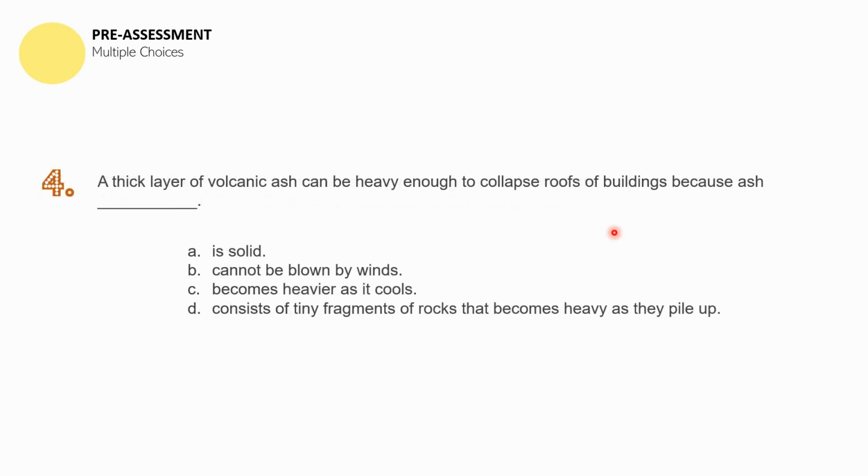Question number 4. A thick layer of volcanic ash can be heavy enough to collapse roofs of buildings because ash A. is solid. B. Ash cannot be blown by winds. C. Ash becomes heavier as it cools. Or D. Ash consists of tiny fragments of rocks that become heavy as they pile up.